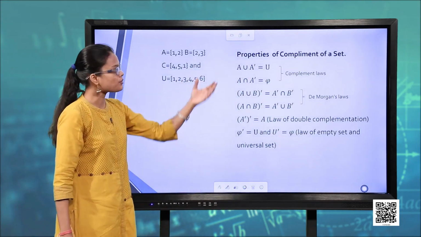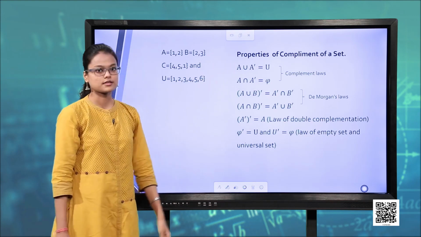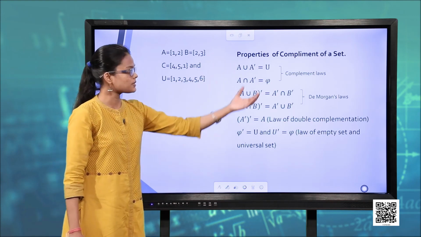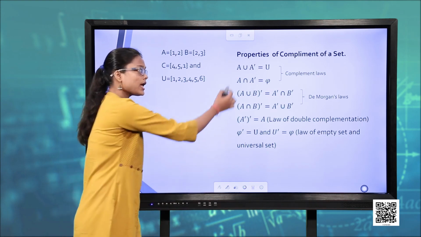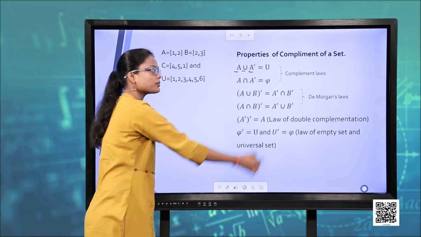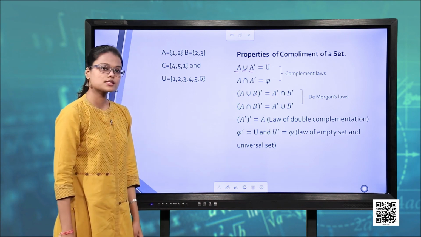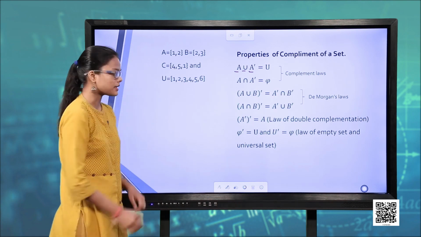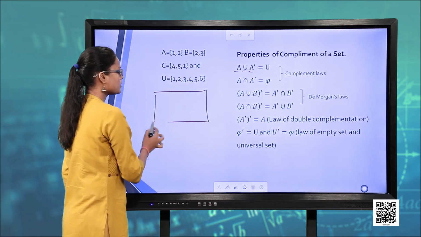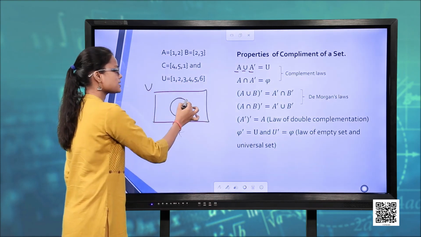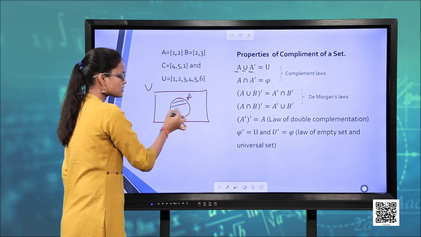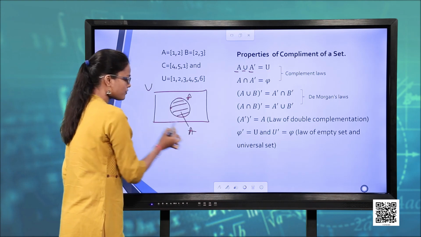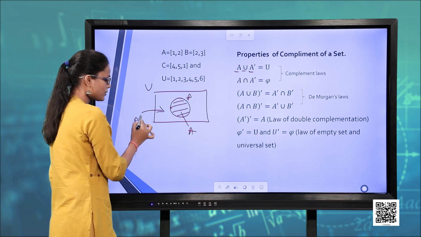Here you can see properties of complement of a set. The first property, we can see the complement law. Easy. A union A complement. We are going to understand this by Venn diagram. This is U, this is a set A, and if this portion is representing A, obviously this part is representing A complement.